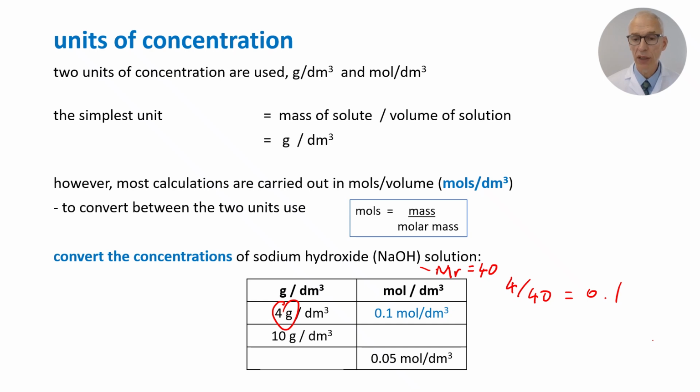The second one is going to be 10 divided by 40, which is obviously 0.25. So our concentration is 0.25 moles per decimeter cubed. But what about the final one? Well, this time we need to do 0.05 times 40. And that comes to 2 grams per decimeter cubed.